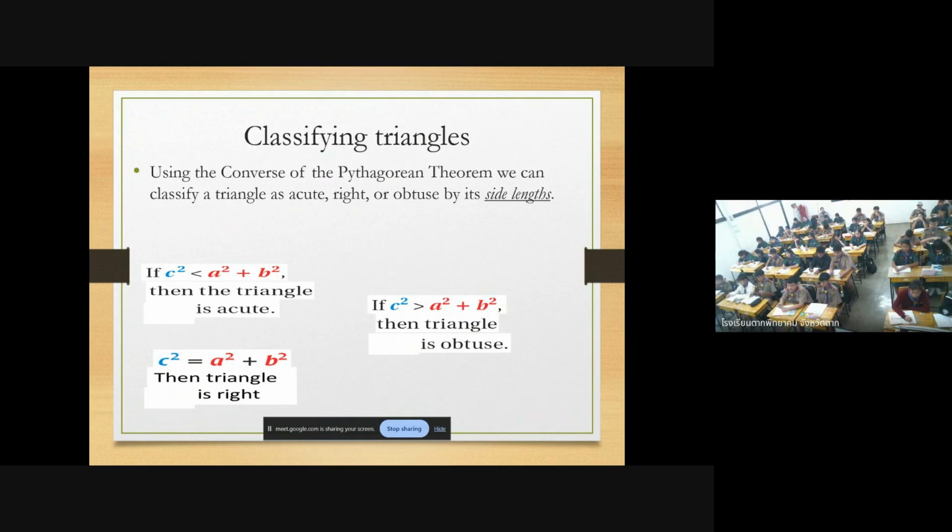Copy on your notebook, please. 5 minutes. 3 minutes.